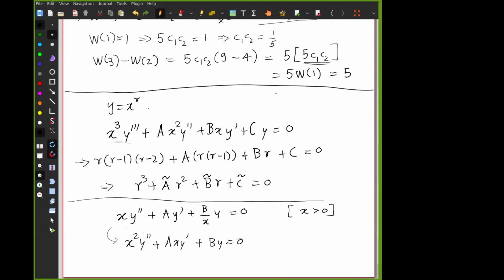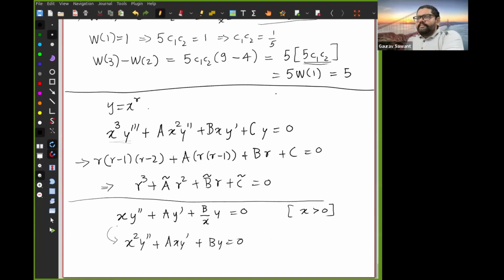Will we always be able to convert it into the standard form? Typically, you can. Of course, if you have some other kind of terms, for instance, maybe some (x square plus 1) y double dash plus a (x minus 1) y dash plus some b y equal to 0, this is no longer an Euler-Cauchy equation because you are having some cross terms.